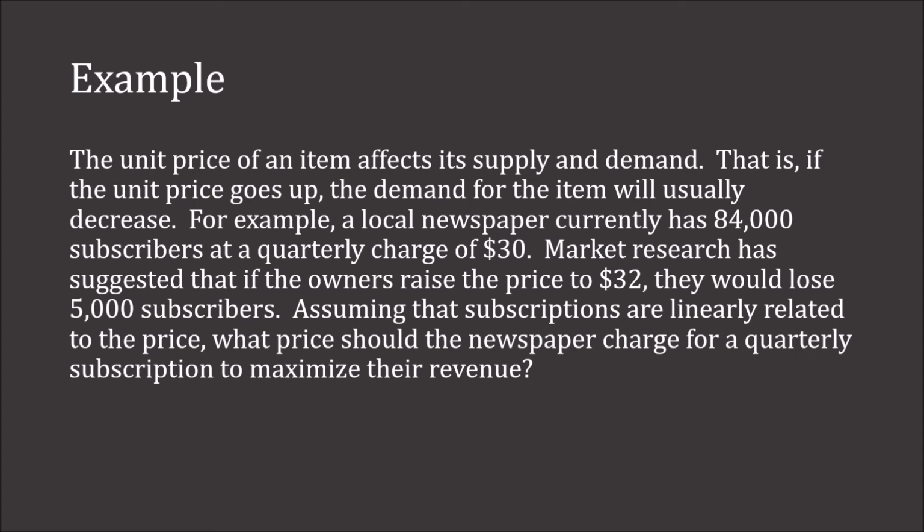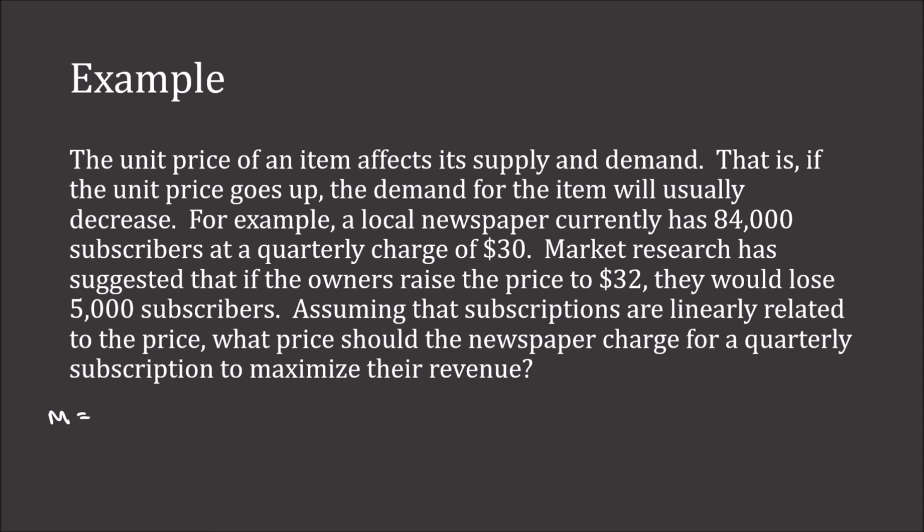So we're looking for the price to charge to maximize revenue. So the first thing we want to do is, since we're assuming subscriptions are linearly related to the price, let's find the slope. So the slope is going to be the difference in subscribers over the change in the cost.